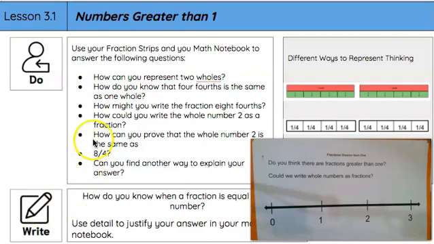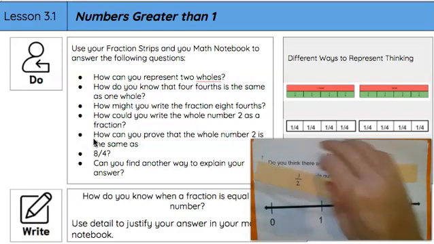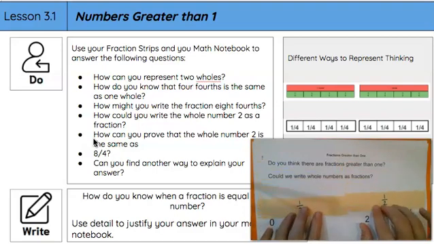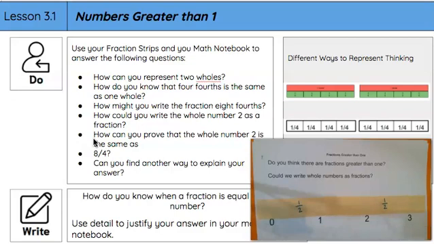You don't necessarily have a paper for your task today, but it would be a good idea to pair up with somebody and use multiple fraction kits. So you see, I have my halves right here that represent 1 whole.